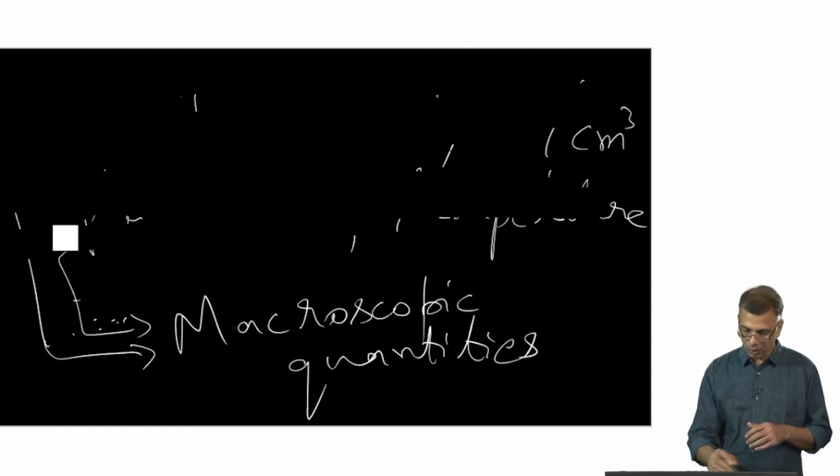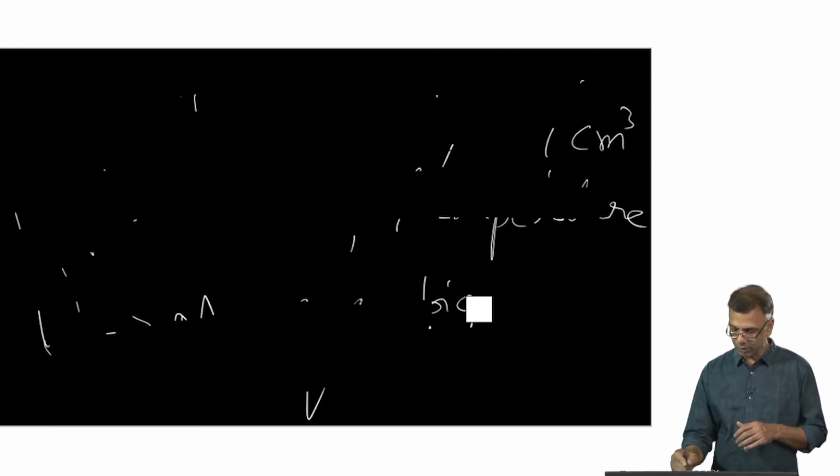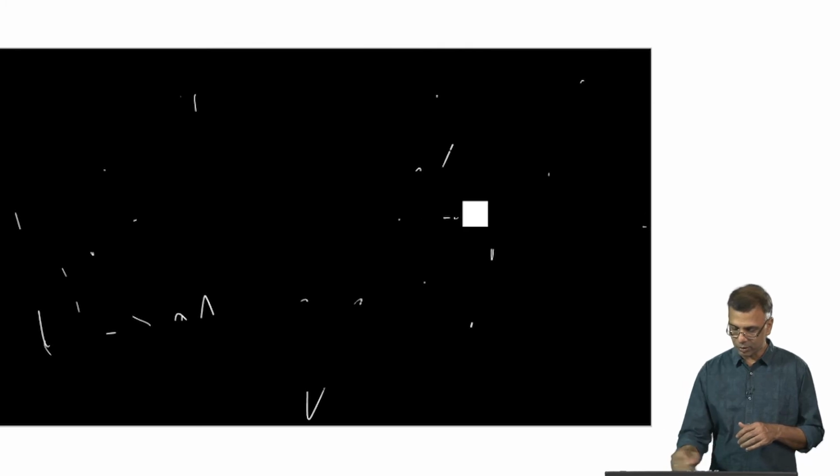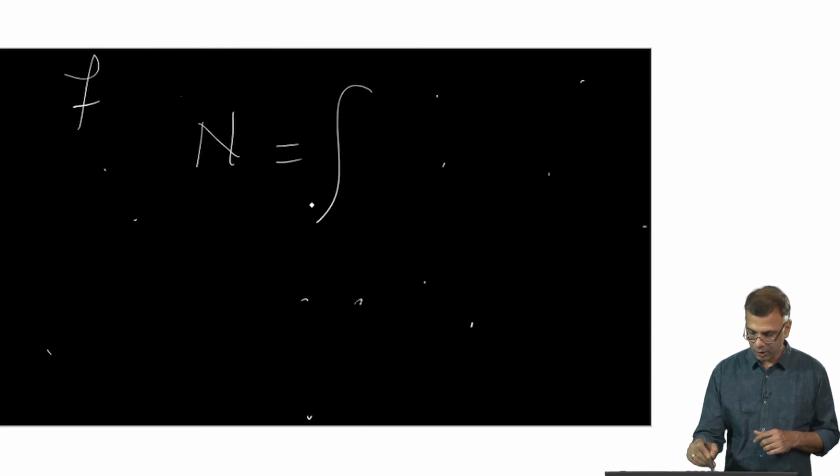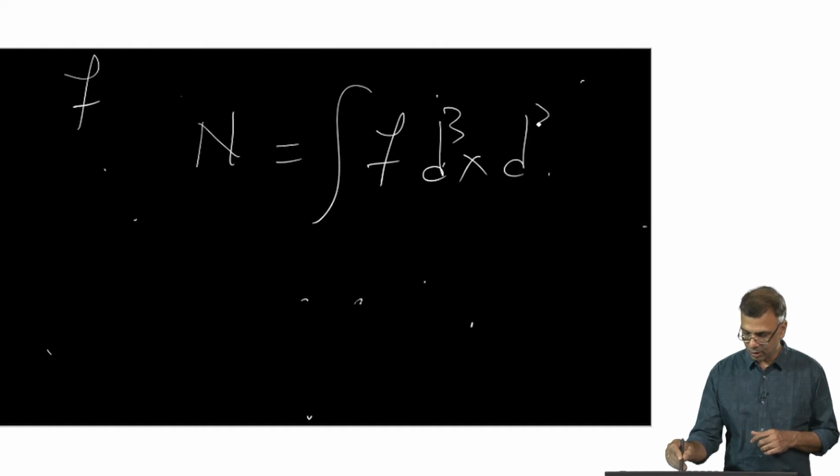So what I'm now going to do is introduce the concept of a distribution function, which I'm sure you're familiar with. You can say that the definition of this distribution function is this: the total number is equal to the integral of f d cube x d cube v.